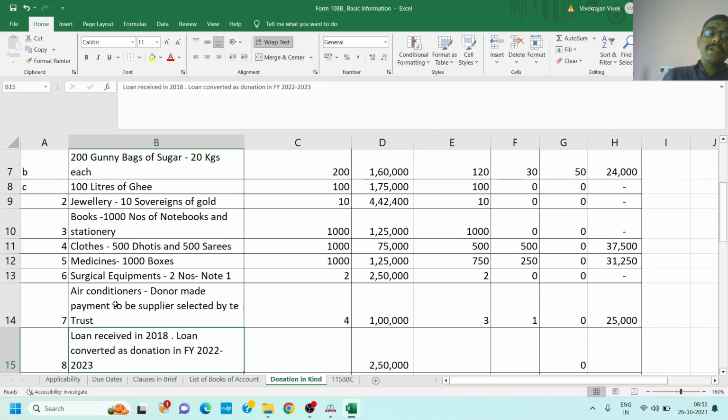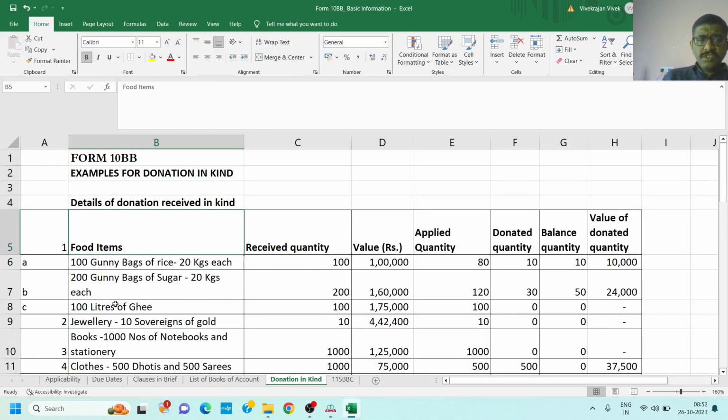It has received a loan in 2018. That loan has been converted as donation in financial year 22-23. So this is the quantity against each of the items that has been received as donation. This is the value, and applied quantity is the quantity that the trust has applied effectively out of the donations received.